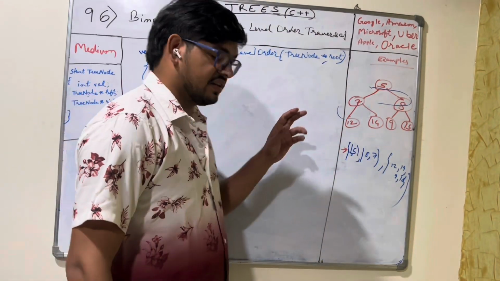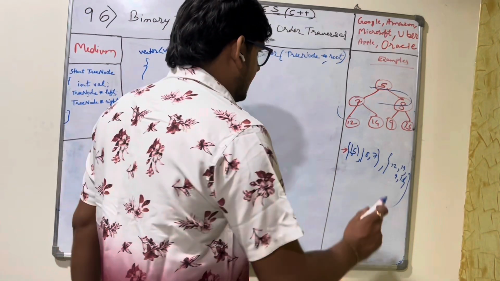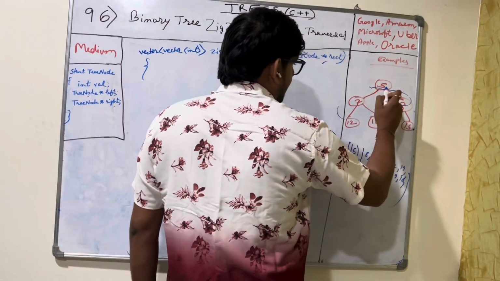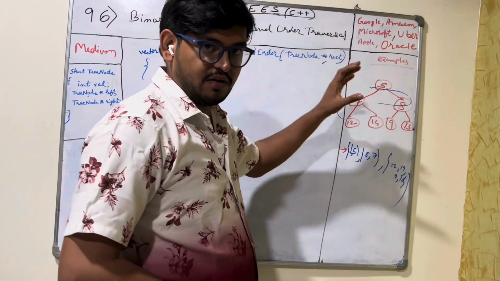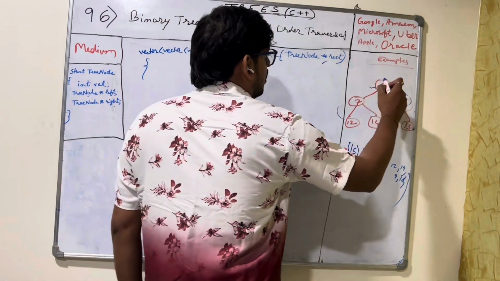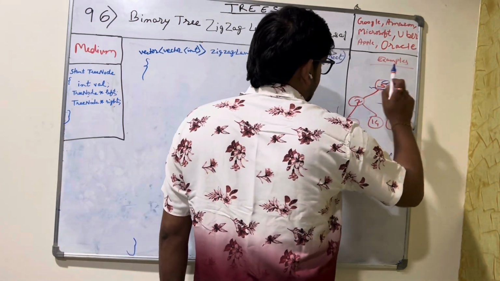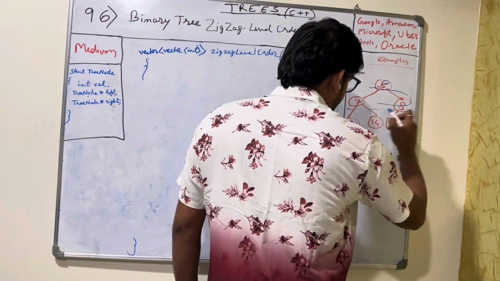In the previous question, the level order traversal, we took two queues and inserted the left and right node values into Q2 from Q1. Initially we inserted the root node into Q1, and since Q1 was not empty, we inserted 7 and 8.